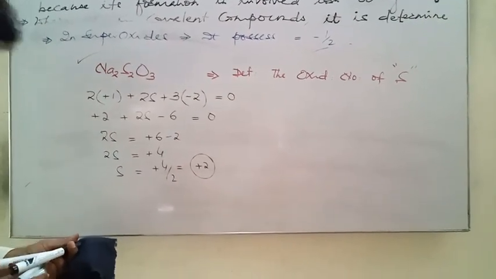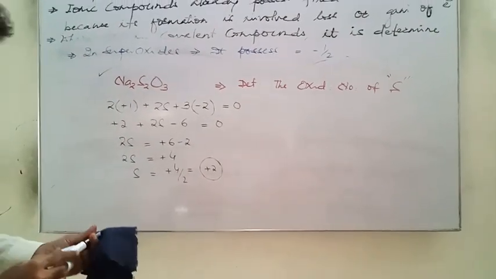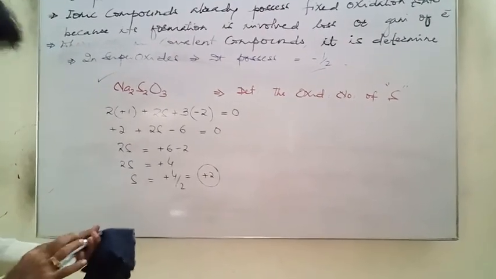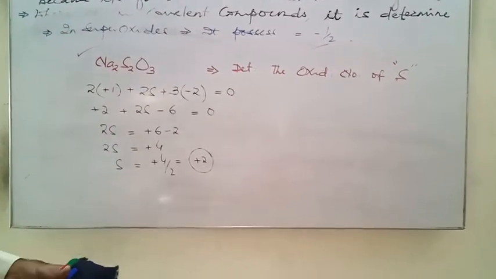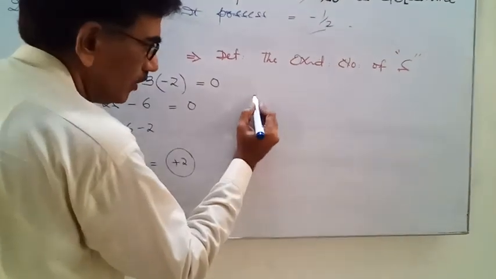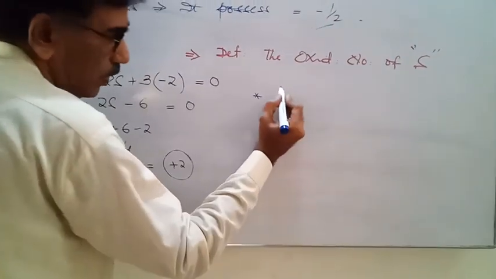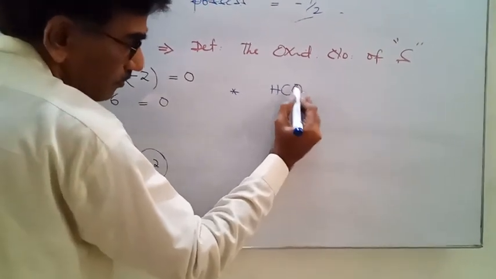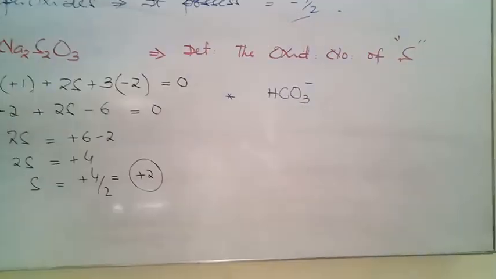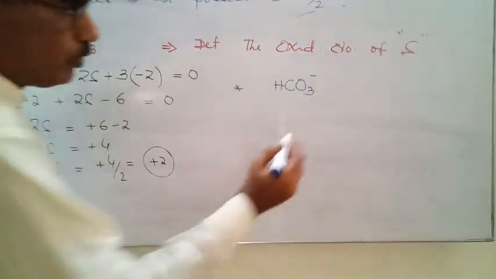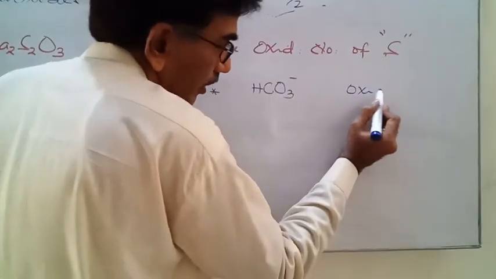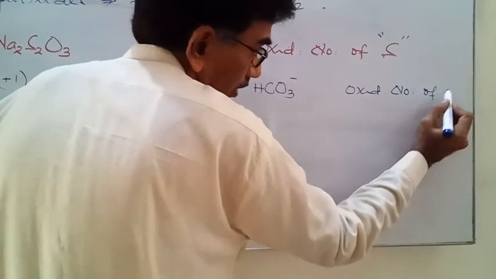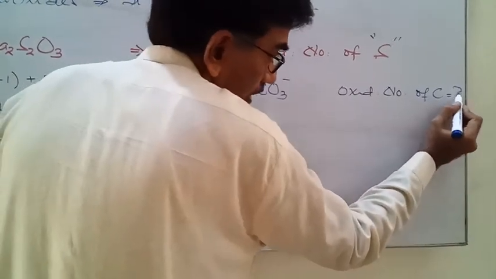Now we have another example, the bicarbonate ion. In the bicarbonate ion we have to determine the oxidation number of carbon, the question mark.